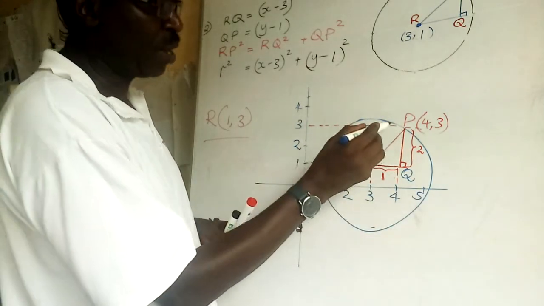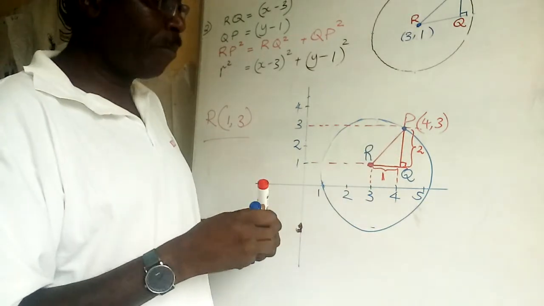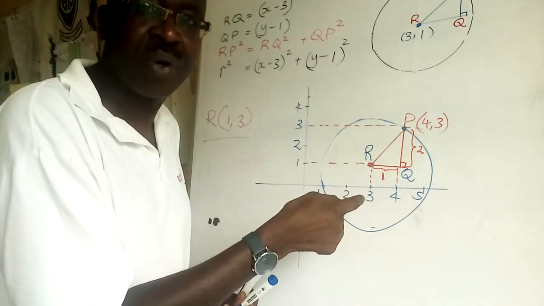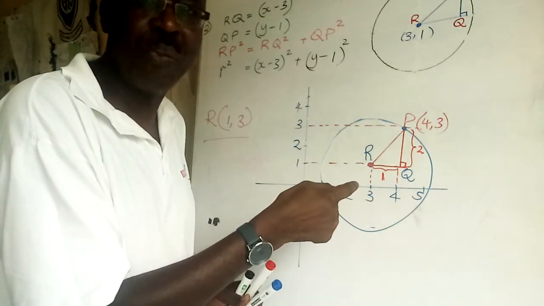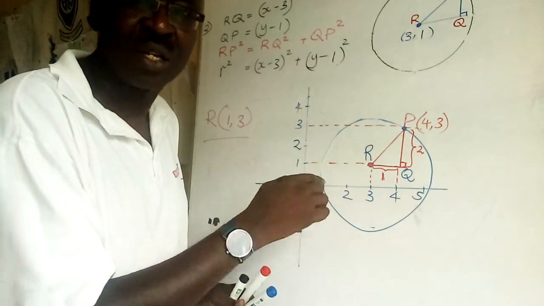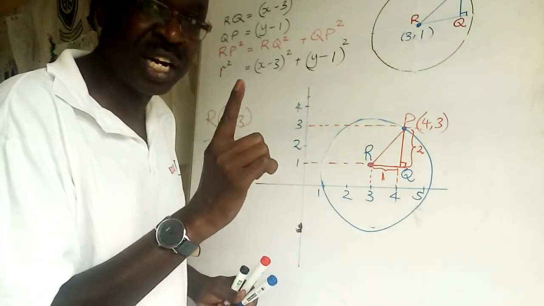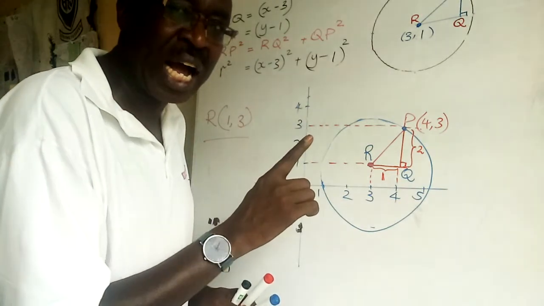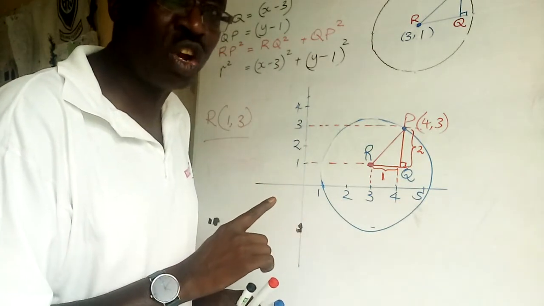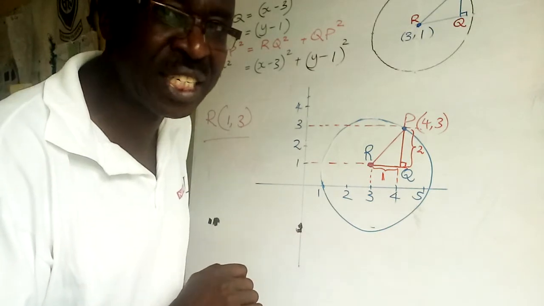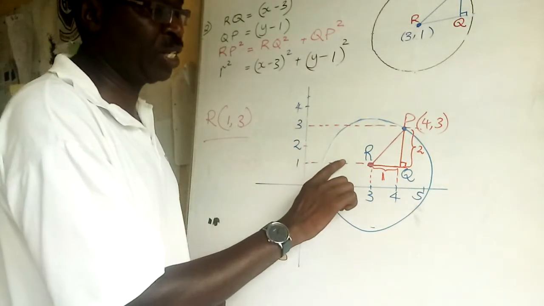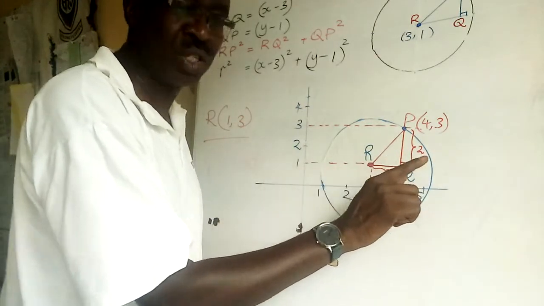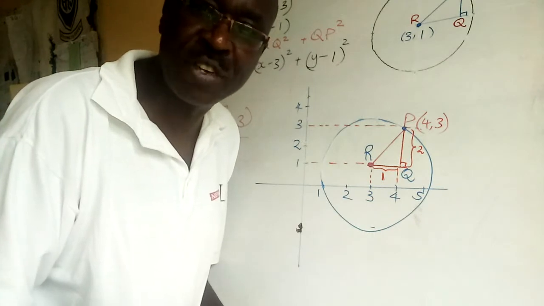Our P is somewhere here. So from P, I drop a vertical to meet an abscissa through the center. You should be getting that language right. From P, drop a perpendicular to meet a horizontal line through the center. This is the abscissa I'm talking about. What is its qualification?